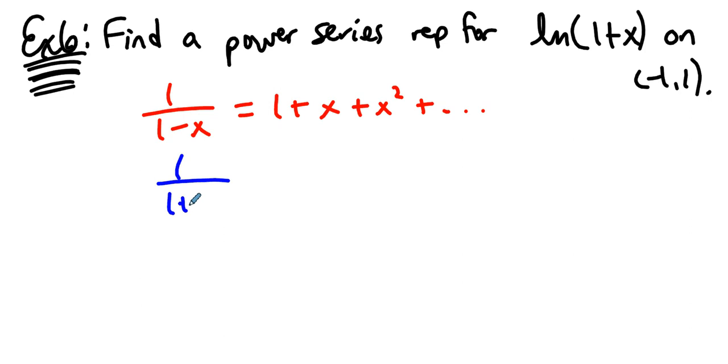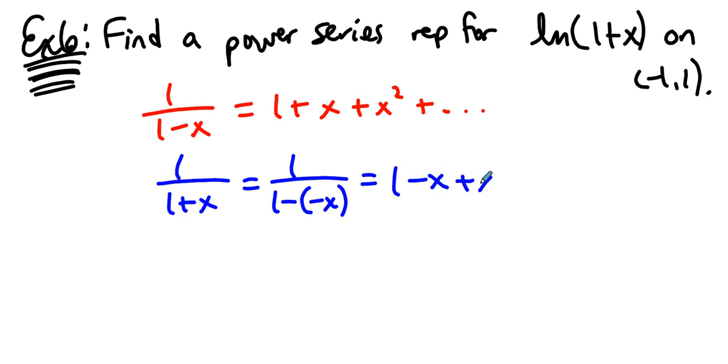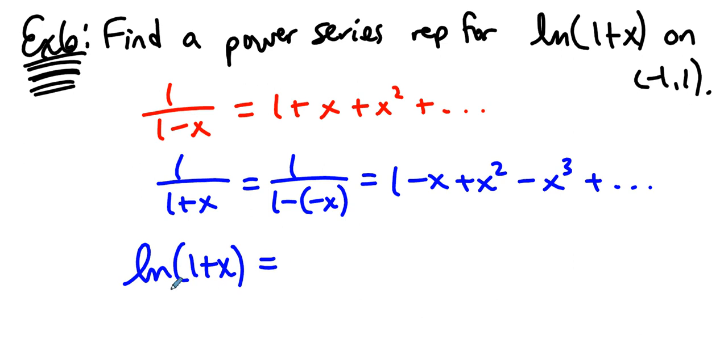So we know that 1 over 1 plus x, that's 1 over 1 minus negative x, that's 1 plus negative x plus x squared plus negative x cubed, and it goes. So we know that the natural log of 1 plus x is the antiderivative of this.